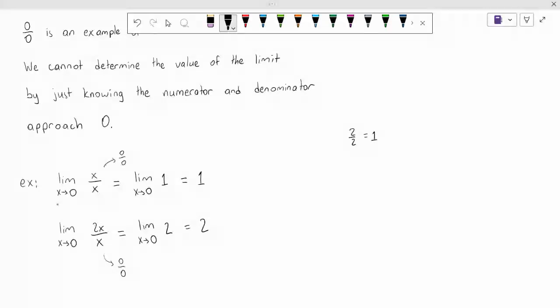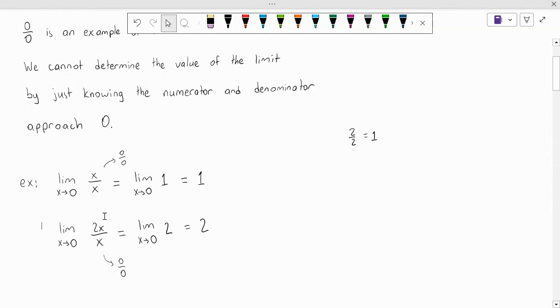Here we had two limits that gave us a 0 over 0 situation. But when we actually did some math to figure out what the limit is, one of them gave us an answer of 1, the other one gave us an answer of 2. Okay. And of course, you could change the number 2 to any other number to get a different answer for the limit. So what I'm trying to illustrate with these examples is that when you get 0 over 0 in a limit, the answer could really be any number.